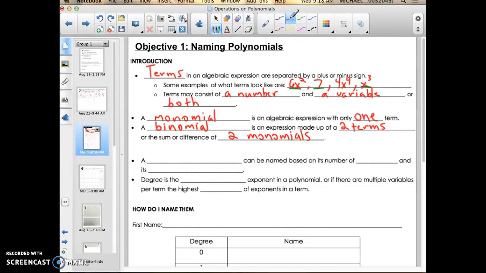For example, a monomial looks like negative 4x squared. A binomial could be negative 4x squared plus x. Where the monomial only has one term, the binomial has two terms.